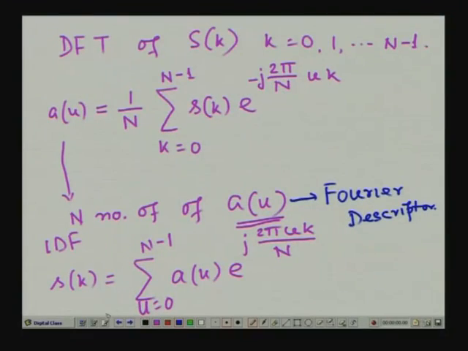And naturally, if I take the inverse discrete Fourier transformation of these Fourier descriptors, then I get back our original boundary points. Now, in most cases, for representing a shape, we normally do not consider all the capital N number of Fourier descriptors.